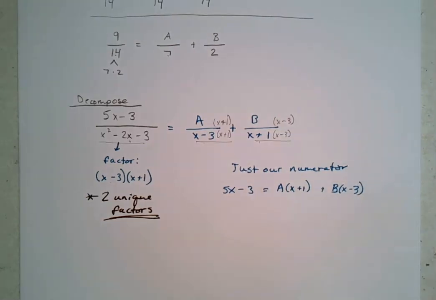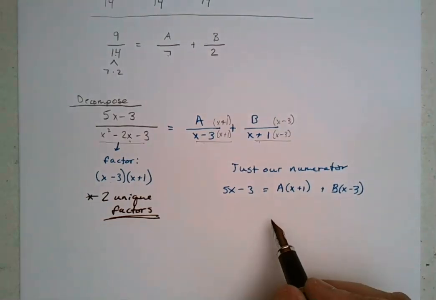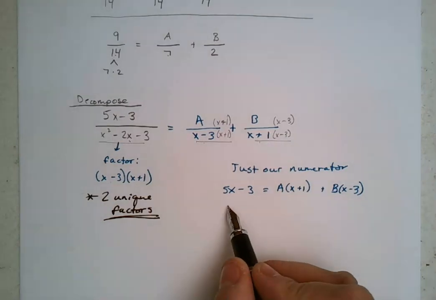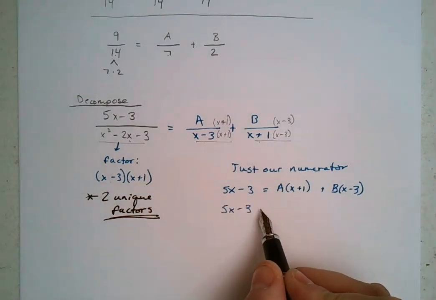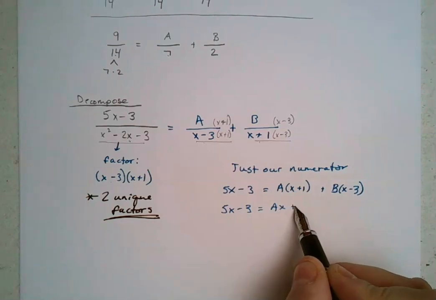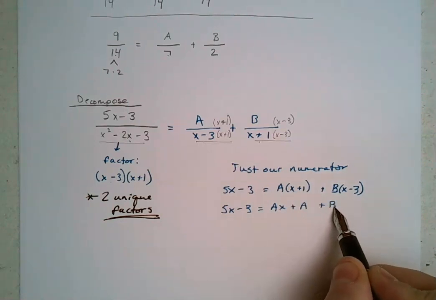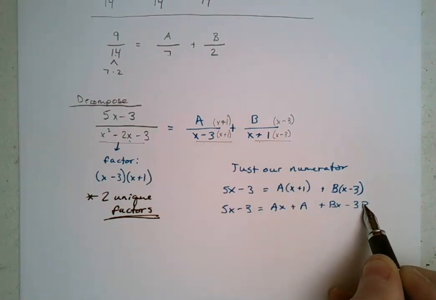Okay. Now I'm going to go ahead and distribute. So that's going to give me 5x minus 3 equals Ax plus A plus Bx minus 3B.